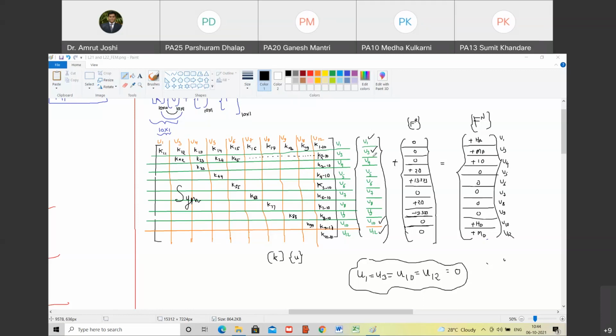So u1, u3, u10, and u12 are known quantities. Are you with me? Yes, sir. Okay. So जो known quantities है displacement में, उसके corresponding reactions are unknown quantities. Are you able to understand that? Yes, sir. However, जो displacement unknown है, wherever the displacements are unknowns, there the forces are known quantities. Are you able to understand that?